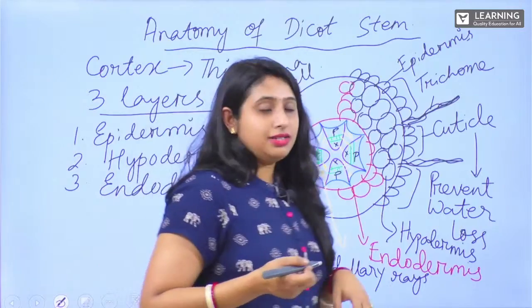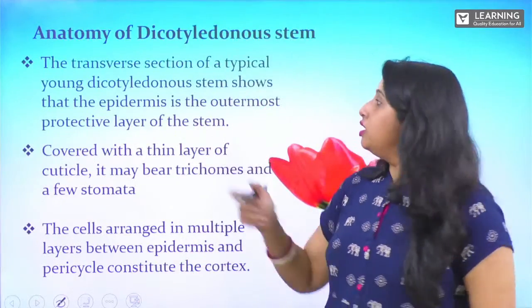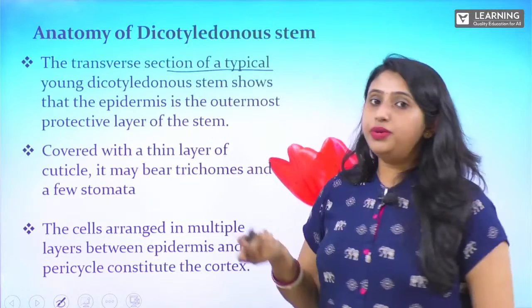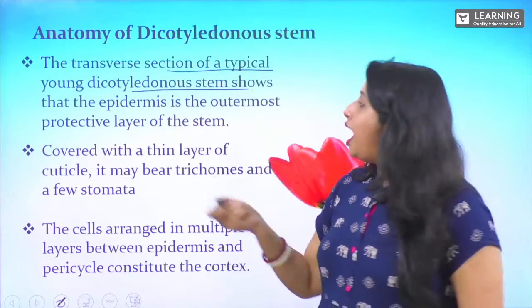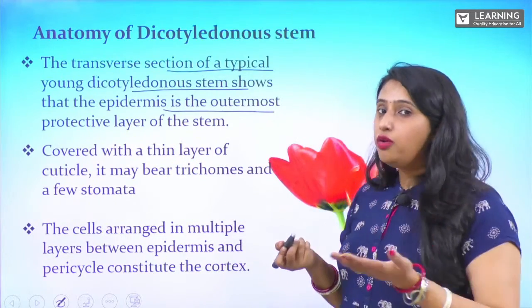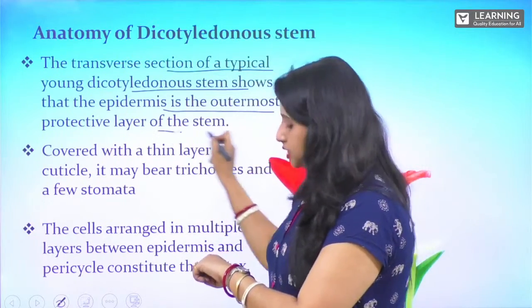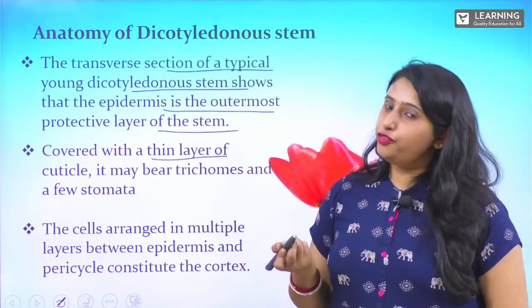So next, let us learn about the theory given in your book. The transverse section of a typical young dicotyledonous stem shows the epidermis, which is the outermost. Yes, we know that the epidermis is the outermost or protective layer of the stem, right? And it is covered with a thin layer of cuticle.